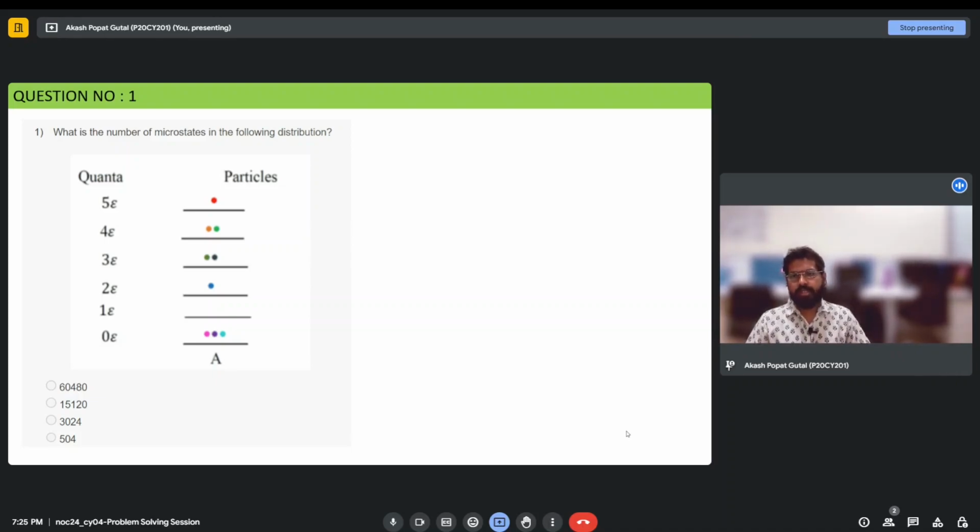So this problem is actually related to the same thing, which is you are having n number of particles. You need to distribute in the r number of energy levels, and particles are distinguishable because they are denoted by the colors. You can see that they are denoted by colors, which means they are distinguishable.